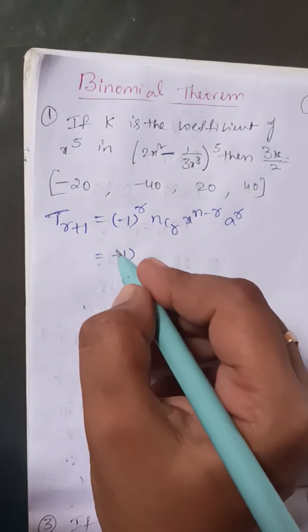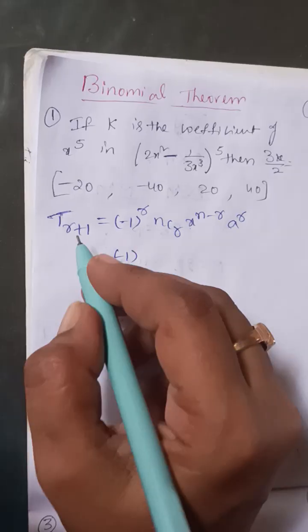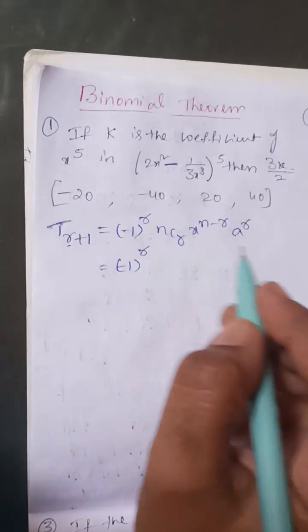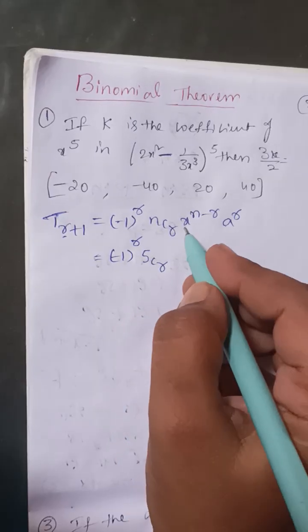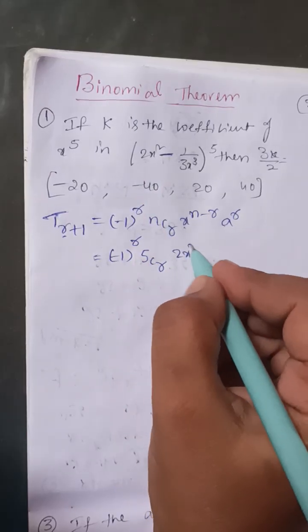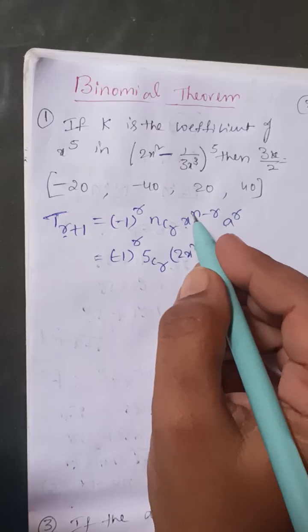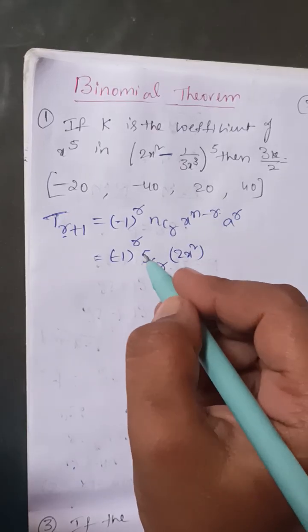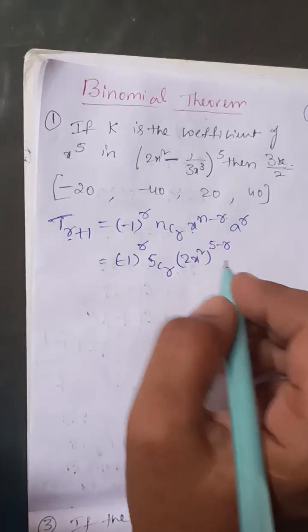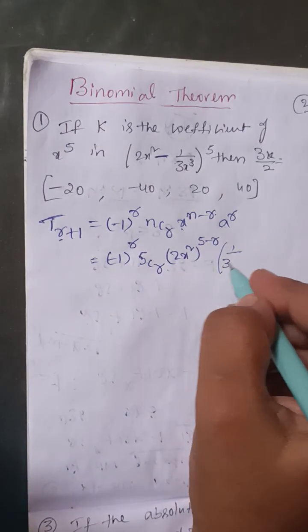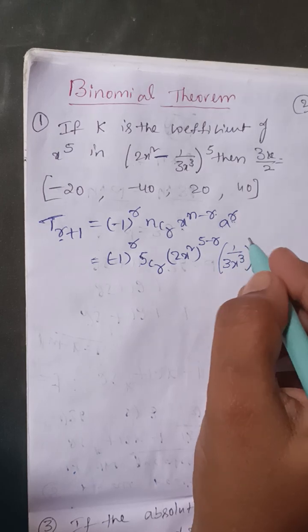So minus 1 whole power r, we don't know r, n is 5, so 5cr, x is the first term, 2x square whole power 5 minus r, and a power r, a is the second term, so 1 by 3x cube whole power r.